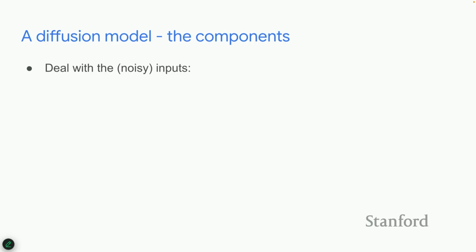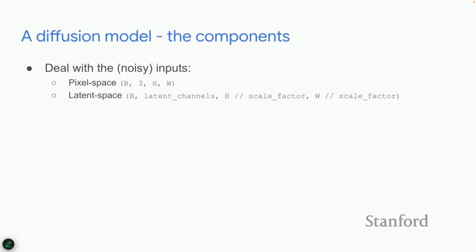As we saw, we can't really get rid of the noise because that gives us the foundation. And usually in pixel space, your shapes will look something like this if you are channels first. And if you're working in the latent space, it will of course be compressed a bit. And we usually always deal with latent space diffusion models. So it helps to have the kind of shapes that you would expect to see in your models that will flow through.